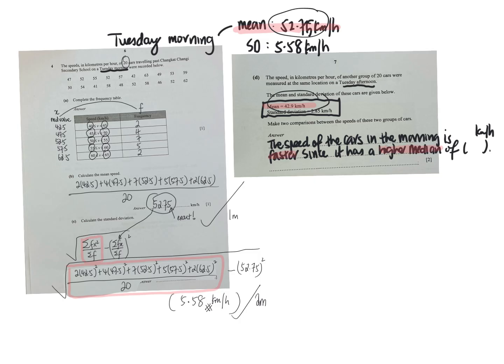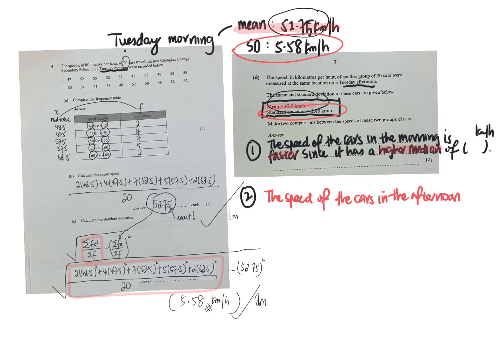If I don't see these two pair, I cannot give you 1 mark. So this is the first comment. Second comment, I will compare standard deviation. So between these two, I will say that the speed of the cars in the afternoon is more consistent.